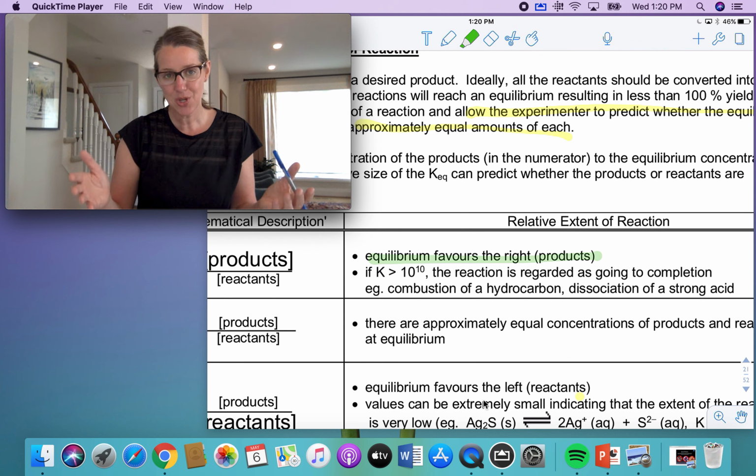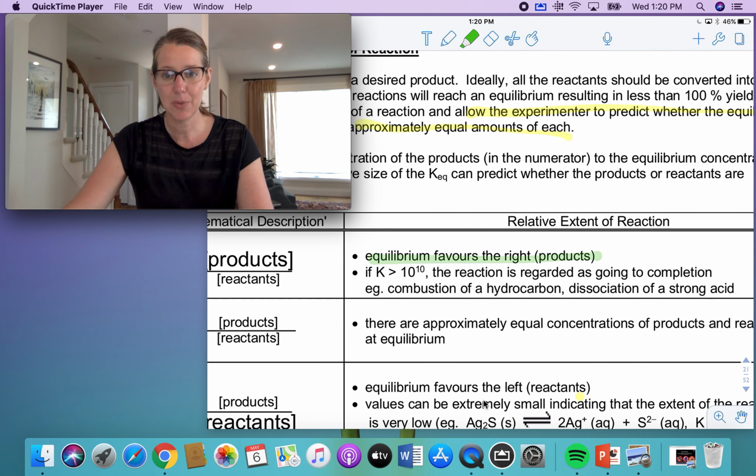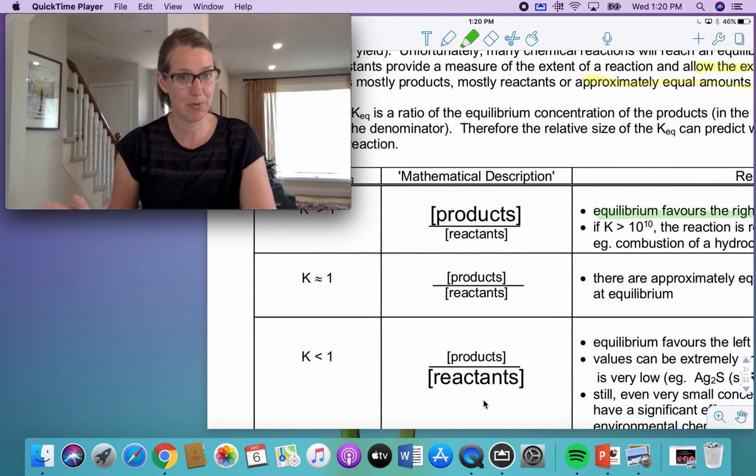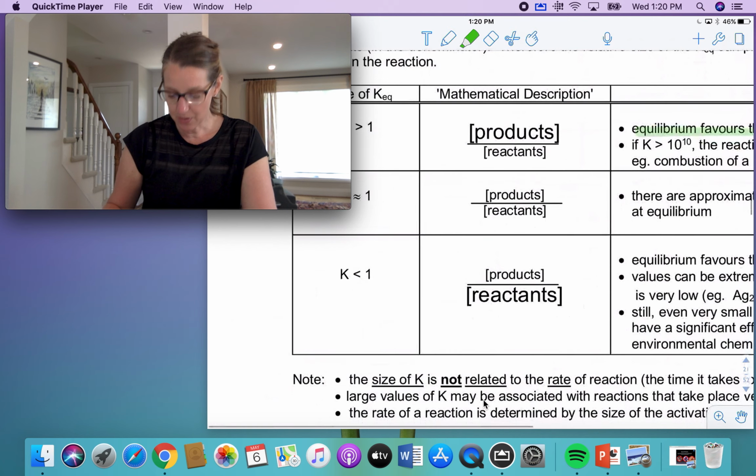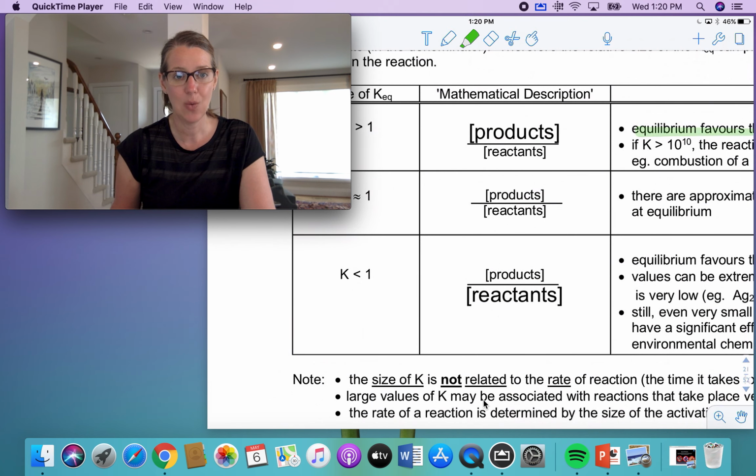Those are some of the terms that we'll use when we talk about equilibrium, so just be thinking about that, okay? If the K value is approximately equal to 1, then there are approximately equal concentrations of products and reactants at equilibrium. Well, what if at equilibrium our value is less than 1?